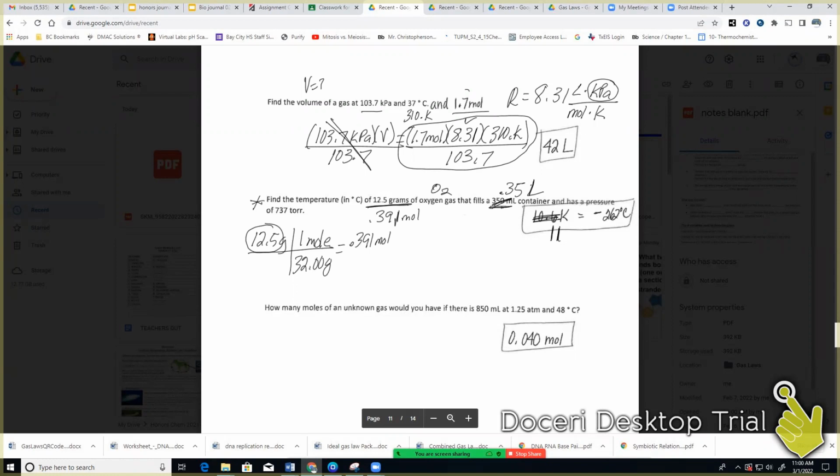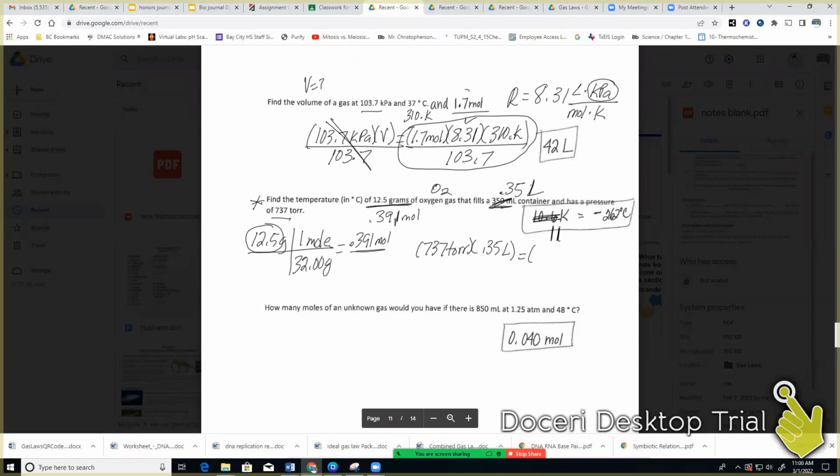All right. So was everybody able to get 11? Yes. Do I need to work through it? Yes. Okay. So P is my 737 torr. My volume was my 0.35 liters.